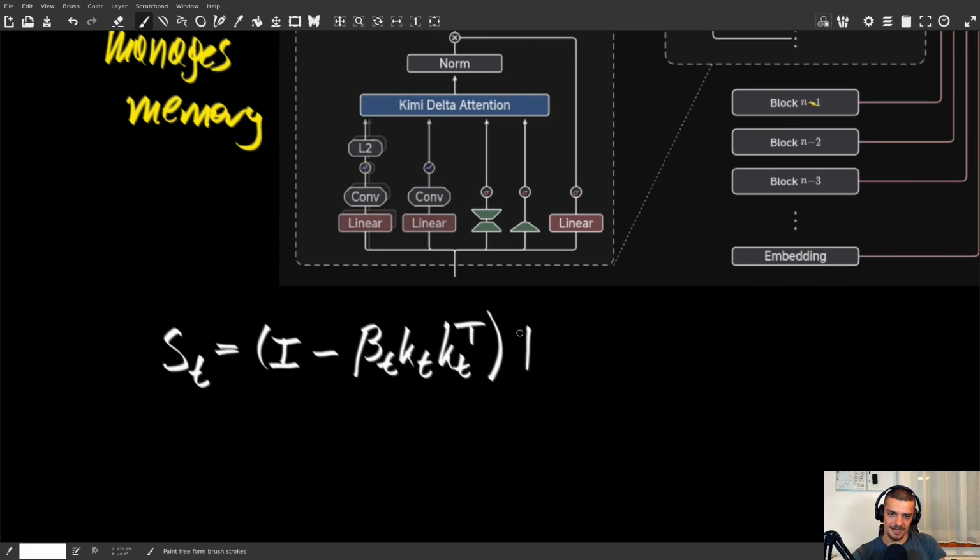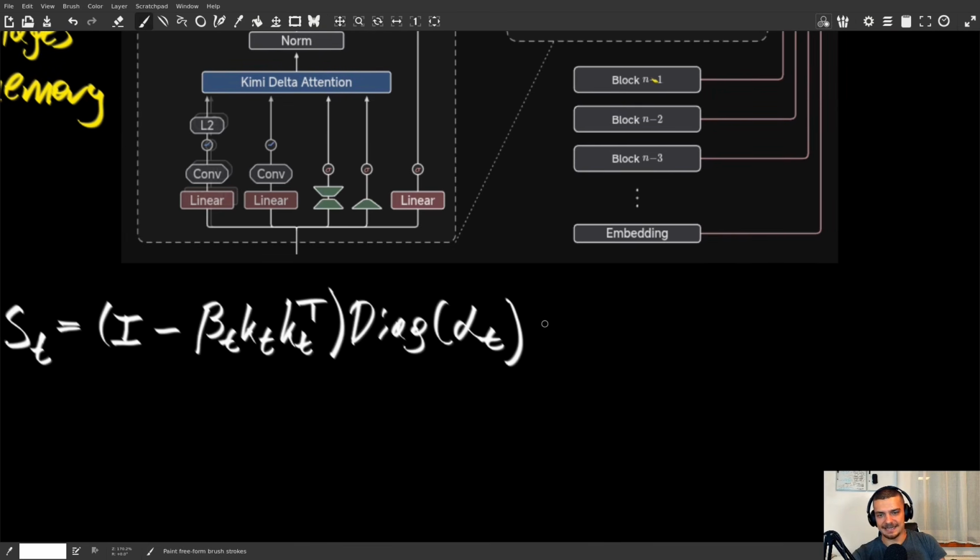That whole thing times Diag of a vector alpha_t, which we're also going to talk about in a second, times the state of the memory at time t-1, plus beta_t, k_t, and value v_t, transposed as well.